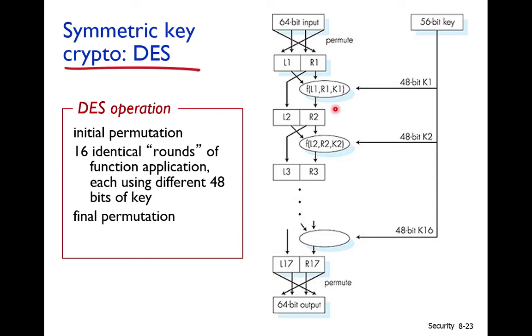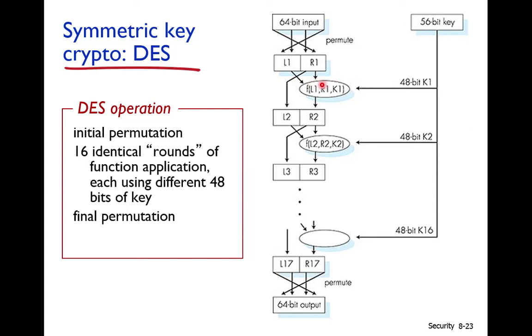The algorithm works this way. There are 16 identical rounds. Initially, in the first step, the 64-bit text is permuted. After permutation, in each round the text is encrypted using a 48-bit key.